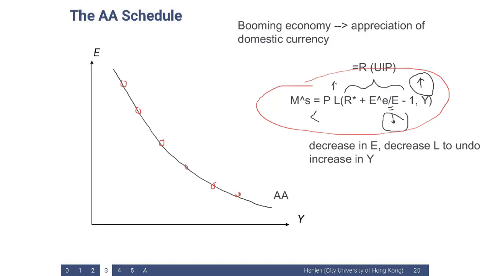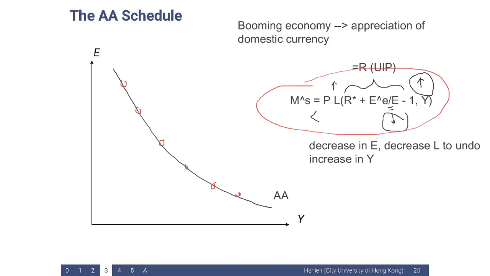So the intuition here is if you have a booming economy, then you're going to have appreciation of the domestic currency. This makes sense. If everyone's wealthier, everyone's buying things, then a lot of that purchase is going to go towards importing goods and services, and everybody wants to demand local currency.